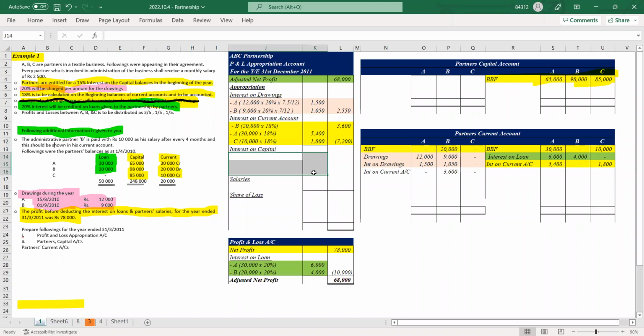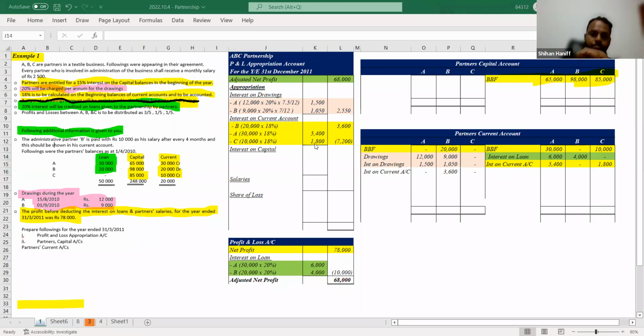Interest on capital. Remember, this question covers everything involved in the appropriation account. So most of the time, other than this, you won't get anything else. Everything covers in this question.